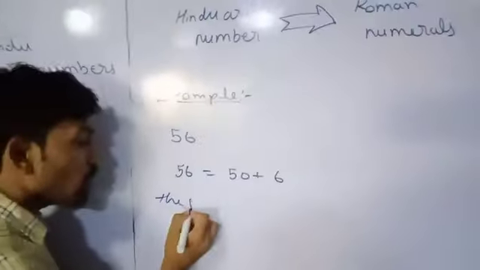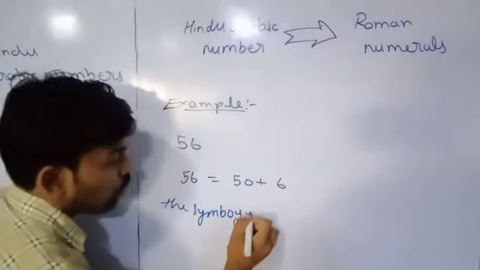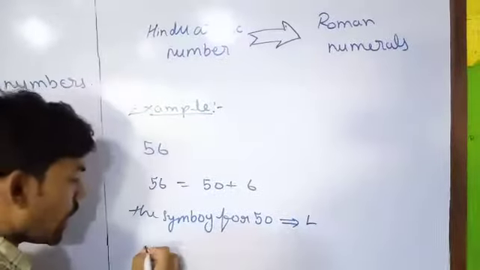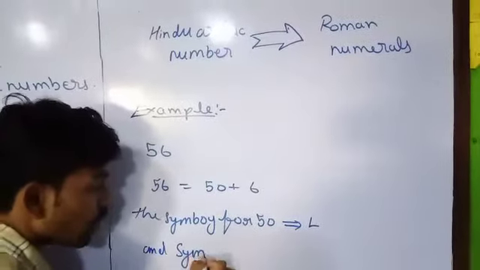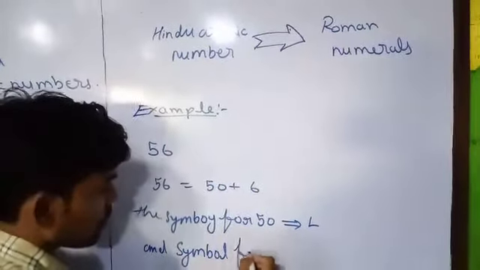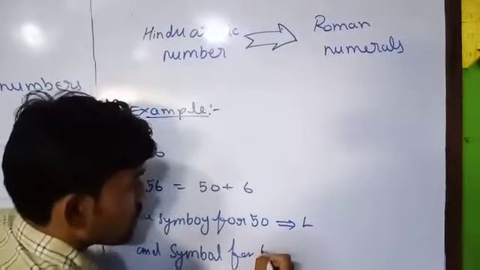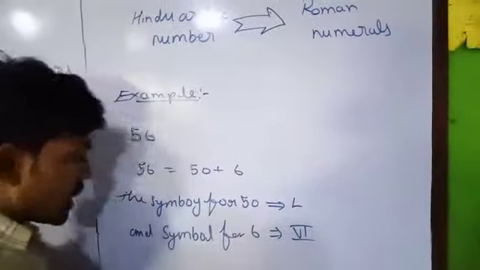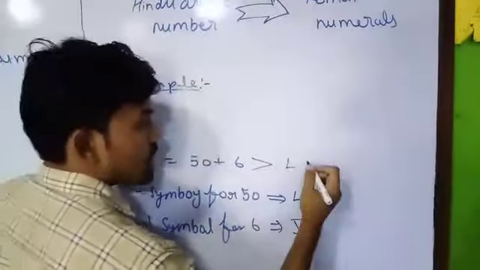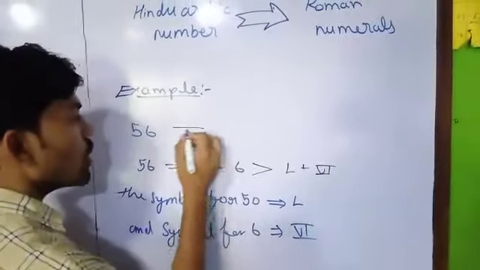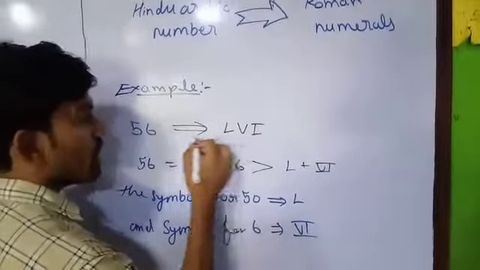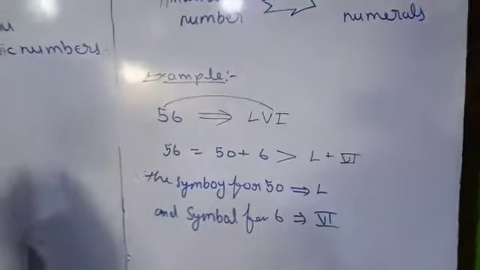The symbol for 50 is L and the symbol for 6 is VI. So in place of 50 we write L and for 6 we write VI. So 56 could be written as LVI.